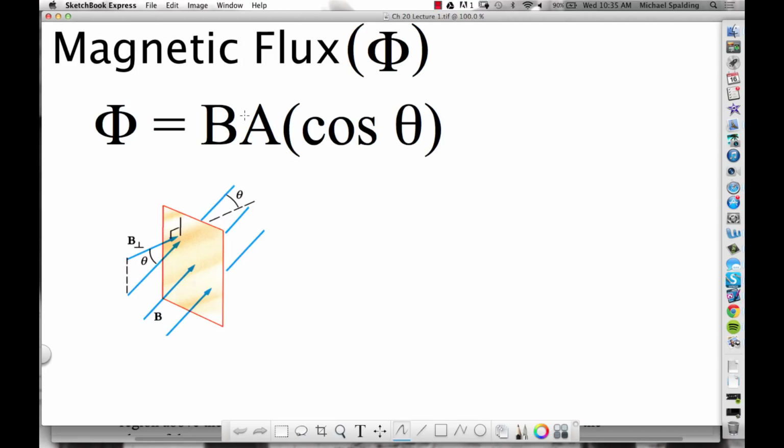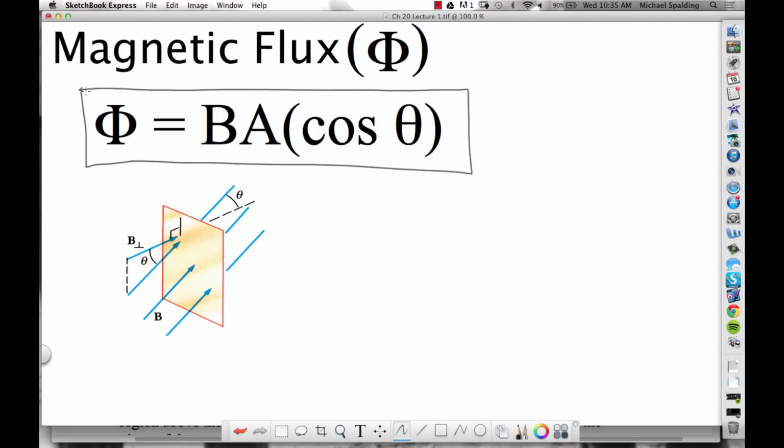On a test, very rarely are you going to be asked, here's the loop, calculate the magnetic flux, because magnetic flux by itself is not very interesting. Magnetic flux becomes interesting when it changes, when there's a change of magnetic flux. So for starters, what is magnetic flux? How do you calculate it?